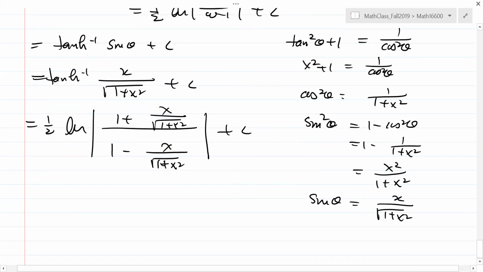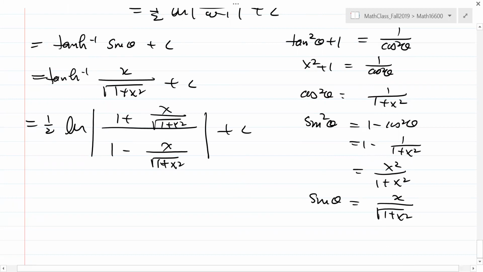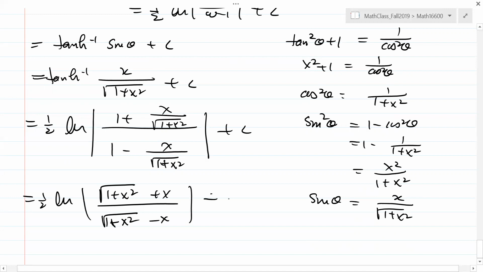Are you able to simplify this? The numerator, then you multiply the numerator and denominator both by square root of 1 minus x squared. So you actually get square root of 1 plus x squared plus x and square root of 1 plus x squared minus x.